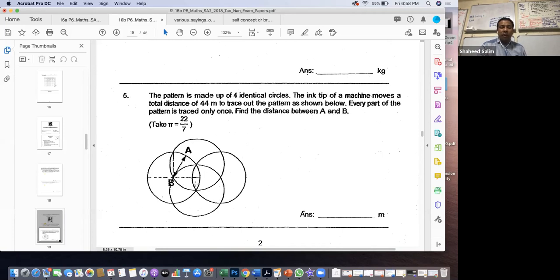Then it continues, and you get 4 circles. Now they ask you to find the distance between A and B.